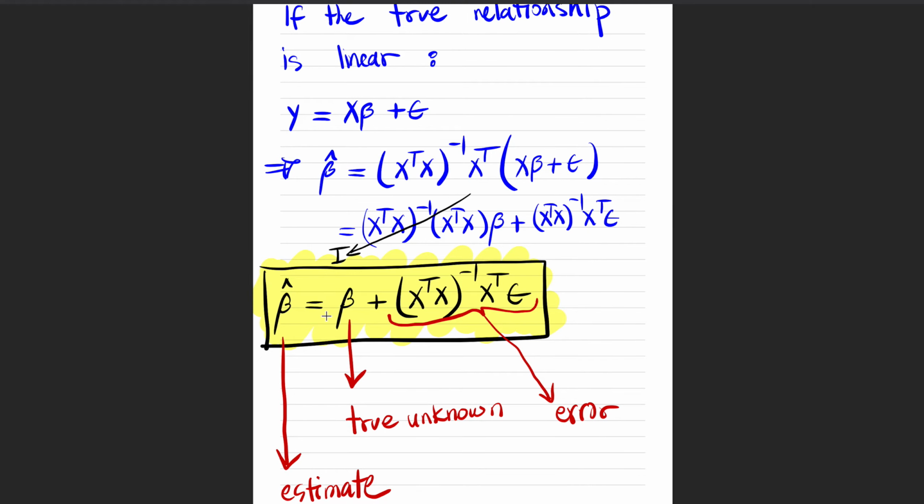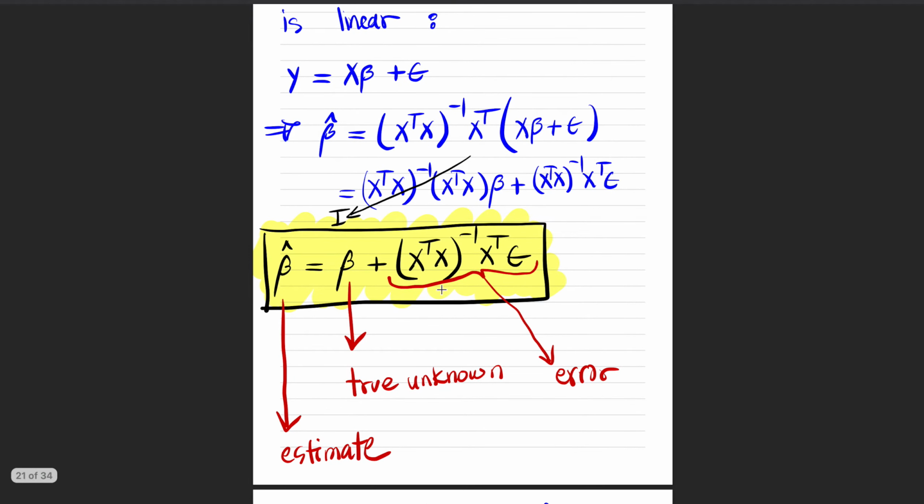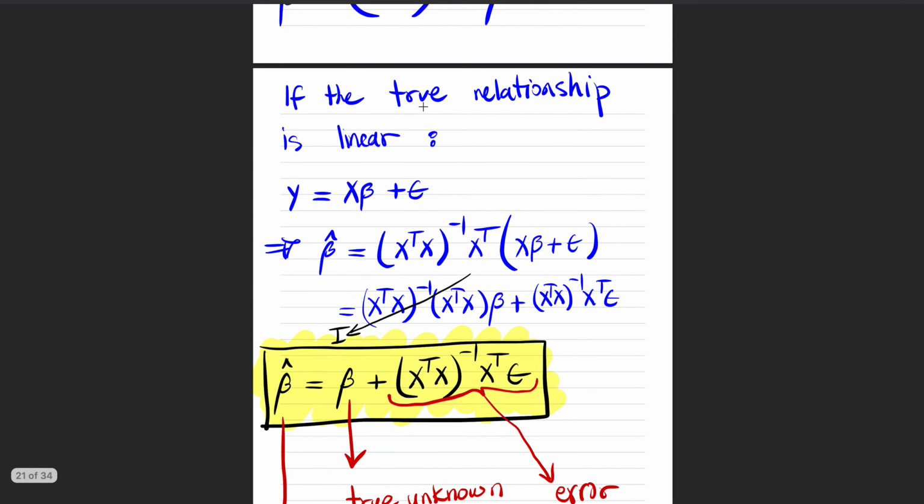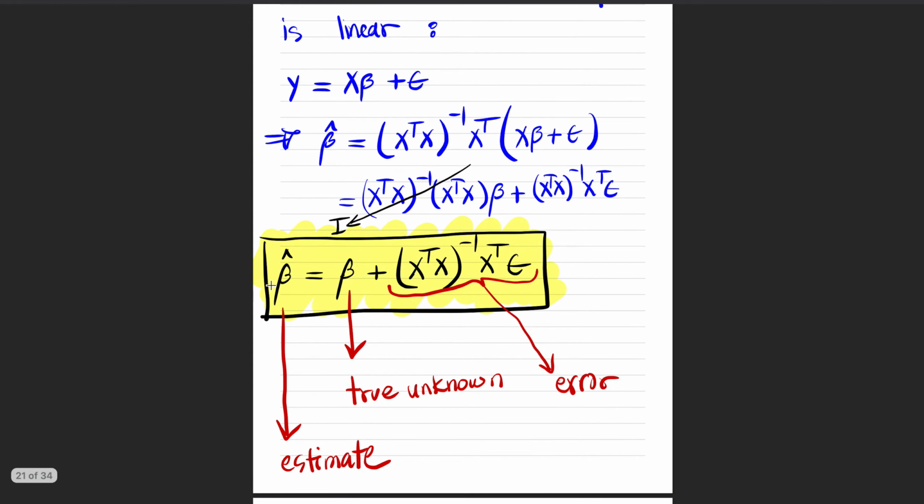And so beta hat is beta plus X transpose X inverse X transpose epsilon. So if the relationship was truly linear, our estimate would be the true beta plus some corruption by this noise. And that's the error we get.